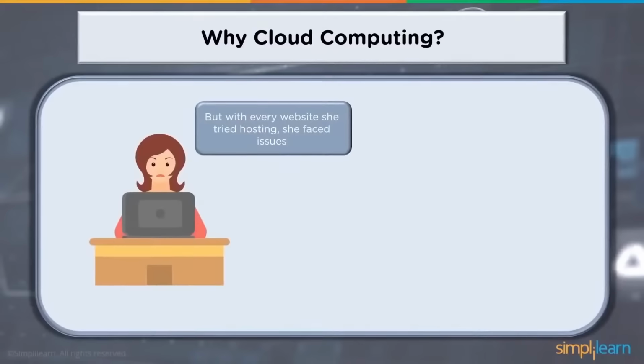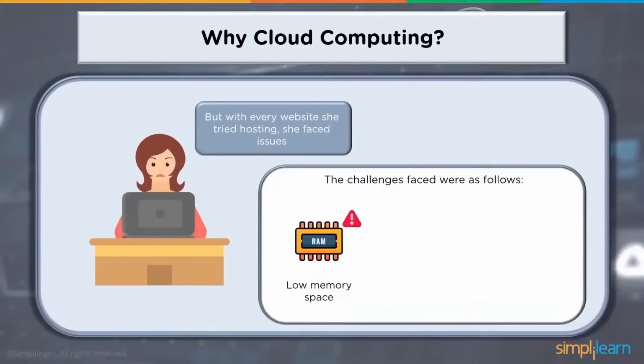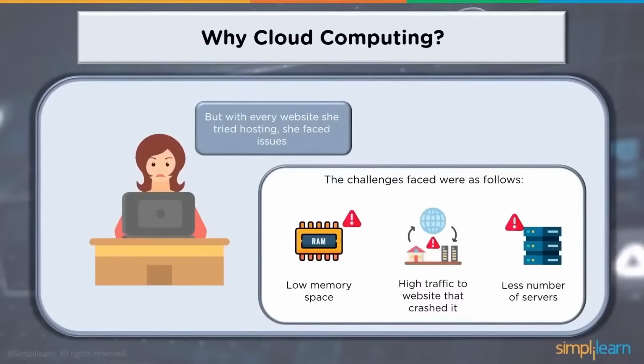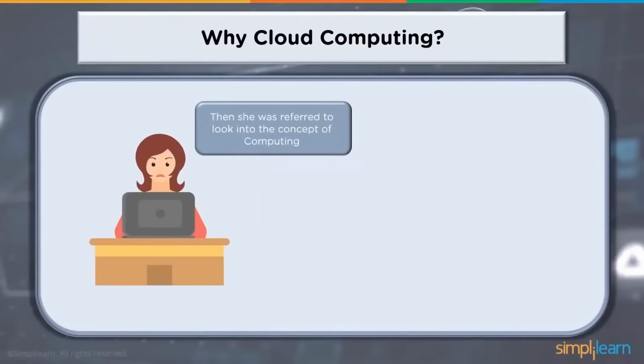The challenges which Nina was facing were low memory space whenever required for processing or any other kind of application-related work, high traffic to the website that crashed it, and also a small number of servers. With these challenges, she was referred to the concept of cloud computing and how that could help her in solving her issues.